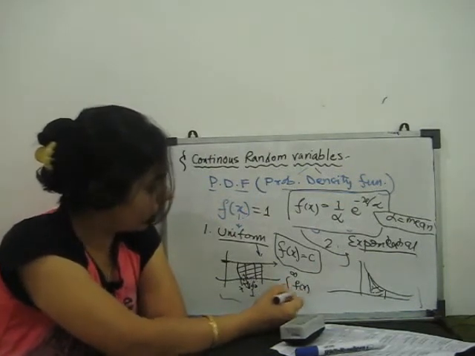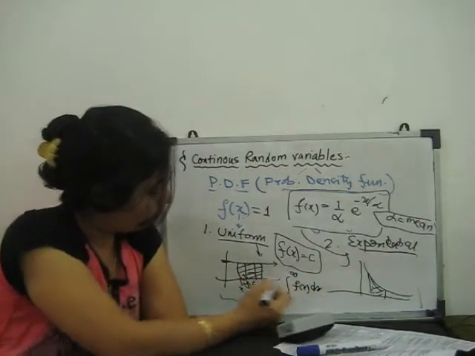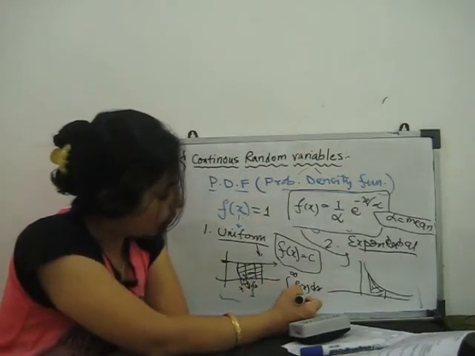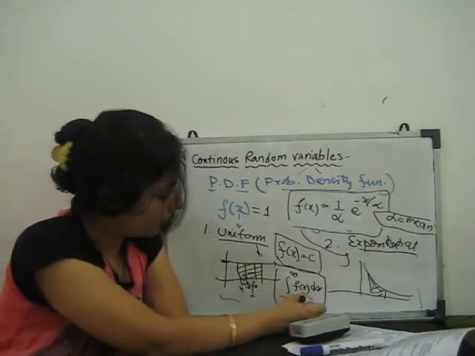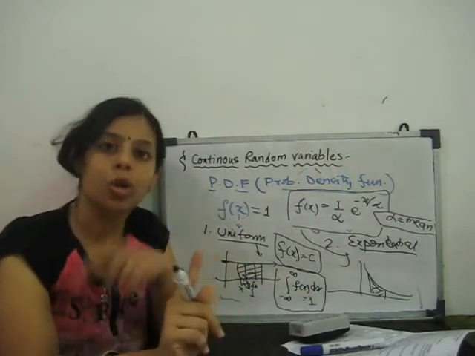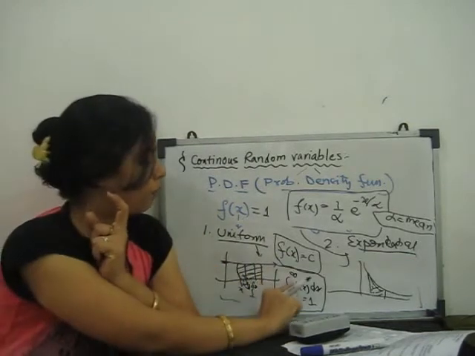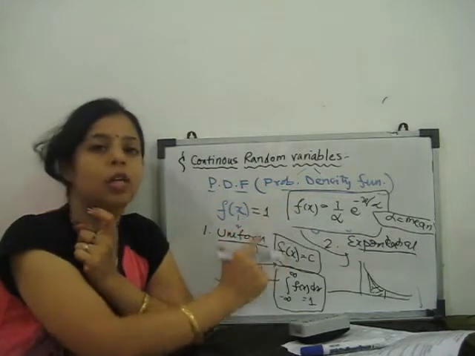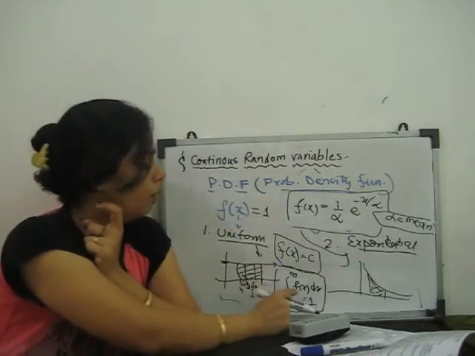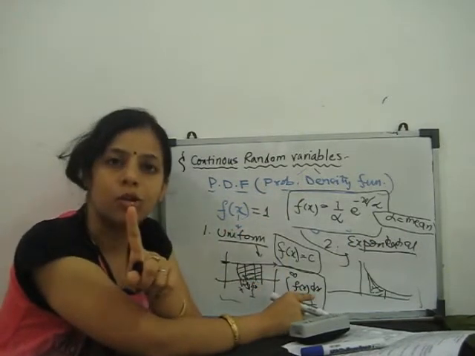If we integrate this function from here to here, the value comes to 1, because the total area is 1. So for whatever our range, the probability density function integrates to 1.